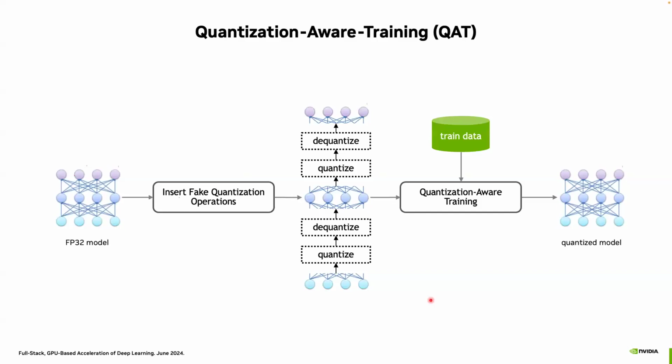So here comes quantization-aware training, which aims to compute the scale factor during the training process. Specifically, for a given model, we can insert some fake quantization operations into the graph nodes. As you can see here, with these quantize and dequantize nodes inserted, it mimics the quantization error during the training process.